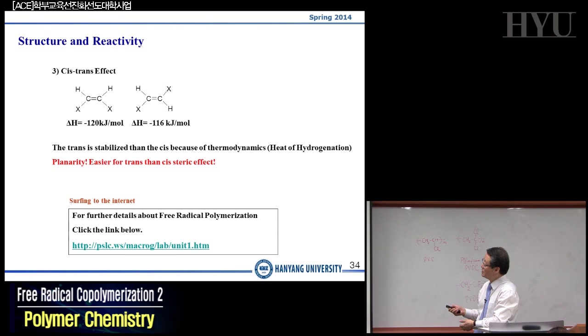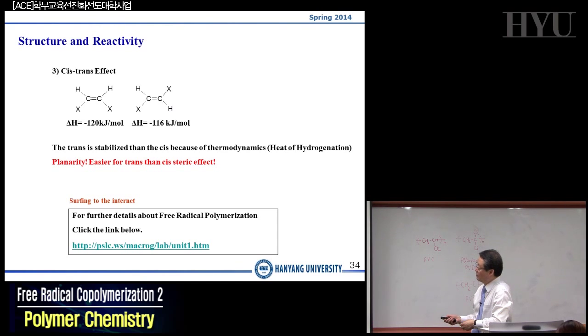If you take a look at the cis and trans, delta H is a little higher for the cis than the trans isomer. Okay? So the trans isomer is more stabilized than the cis isomer because of the heat of hydrogenation, as you can see here in this case.